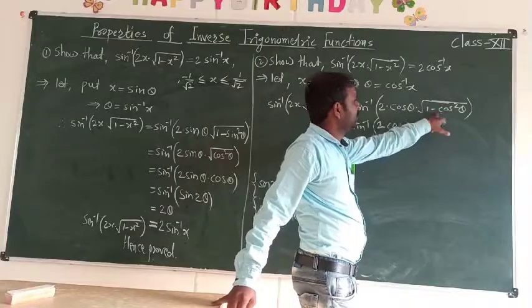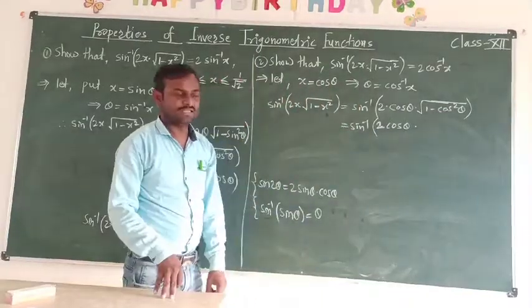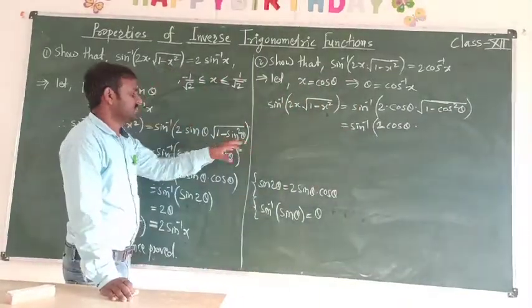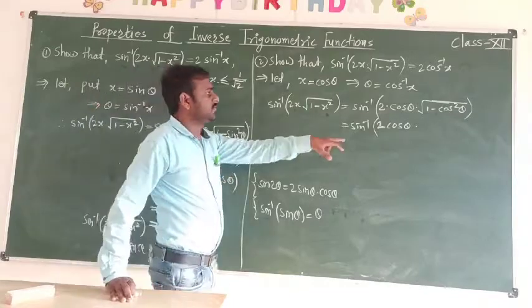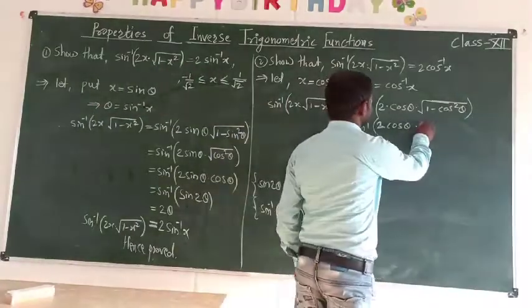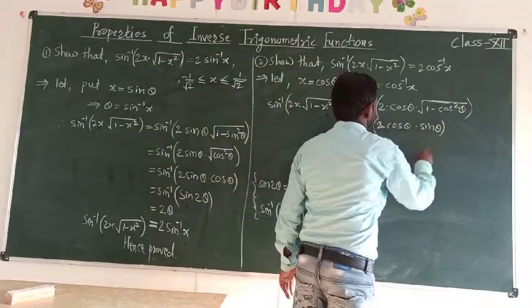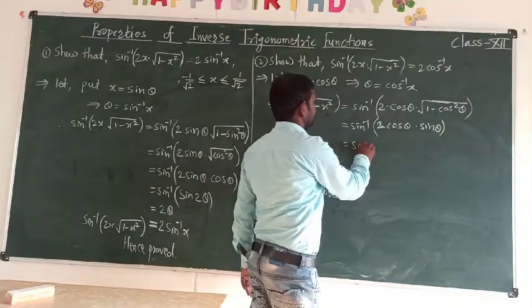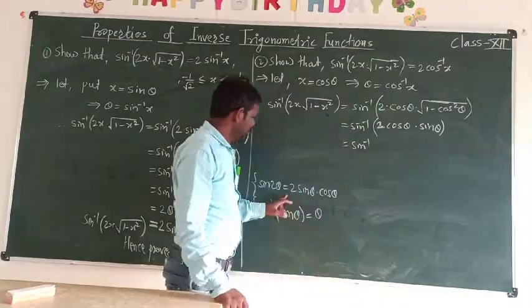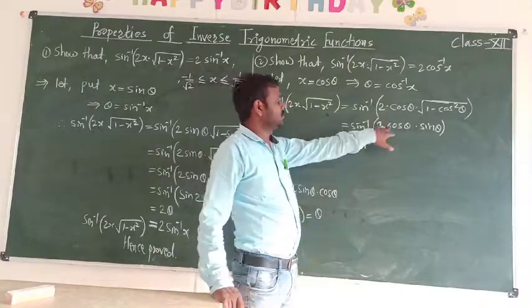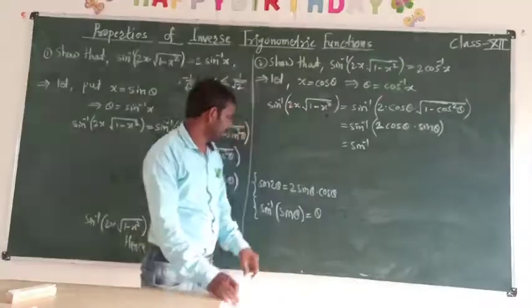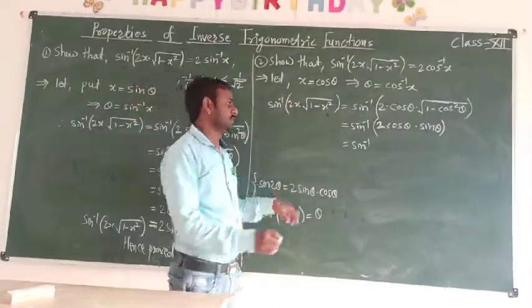Here 1 minus sin square theta equals cos square theta, and likewise 1 minus cos square theta equals sin square theta, so the root is sin theta. Again we get the same formula, 2 sin theta into cos theta, that is sin 2 theta.